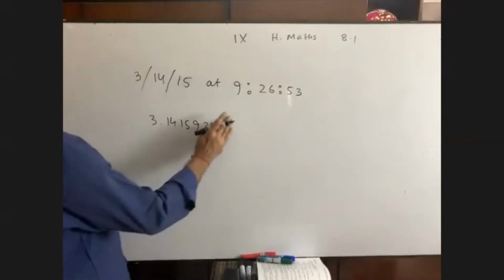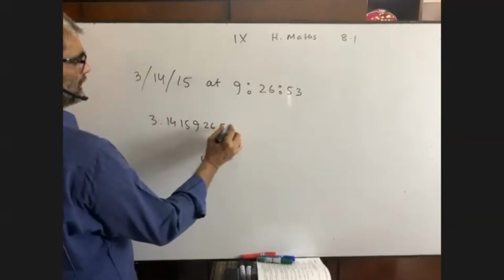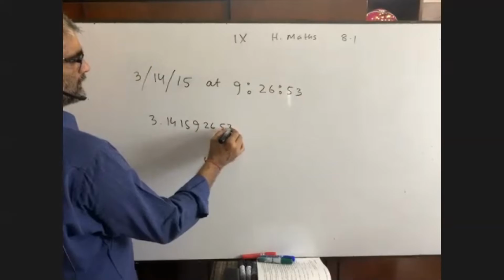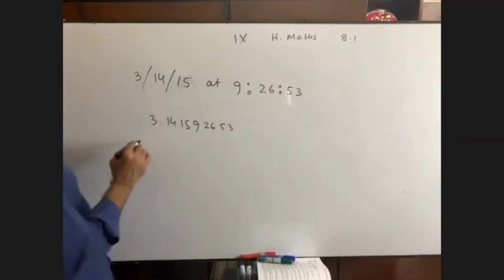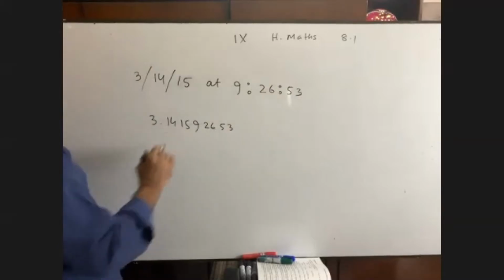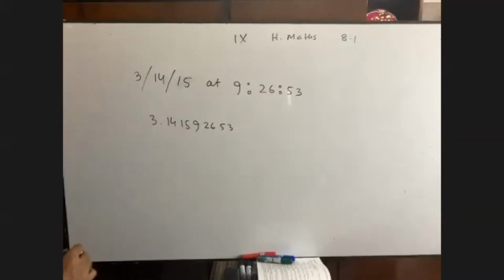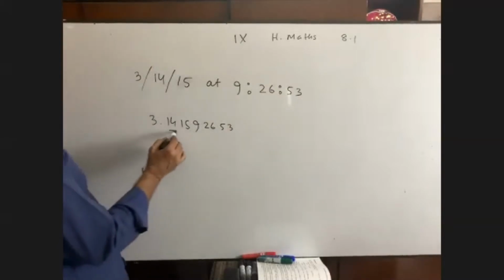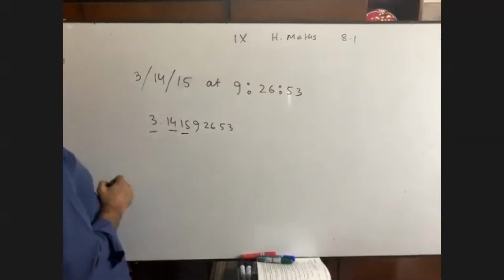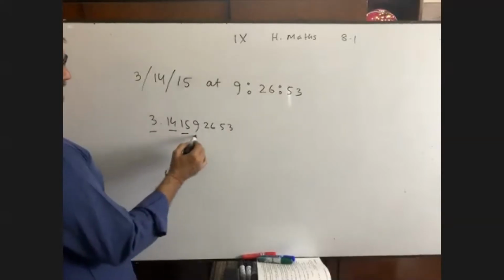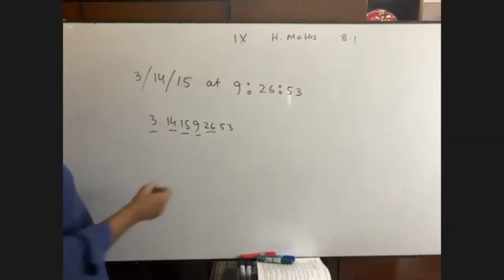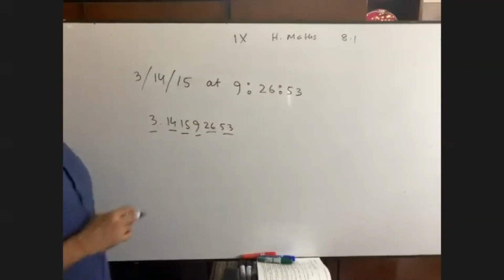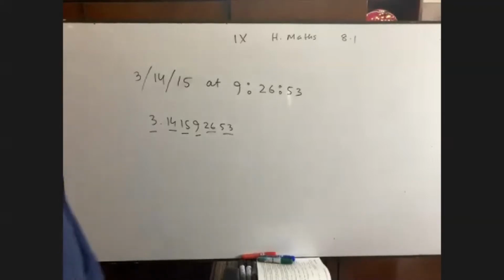So it is 53. So you are getting here, it was the ideal date of birth of pi: 14th March 2015 at 9 hours 26 minutes 53 seconds.